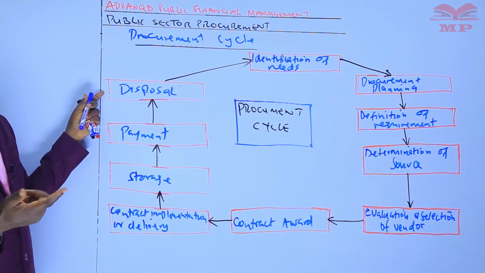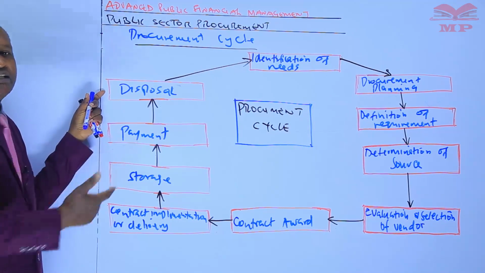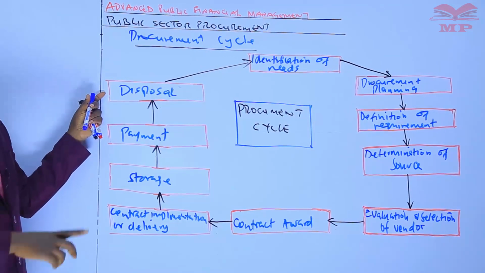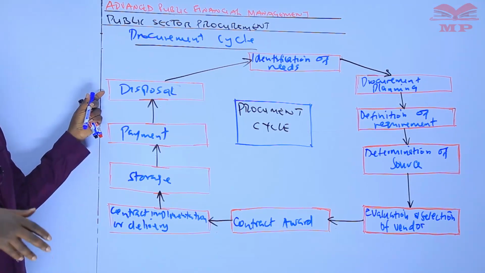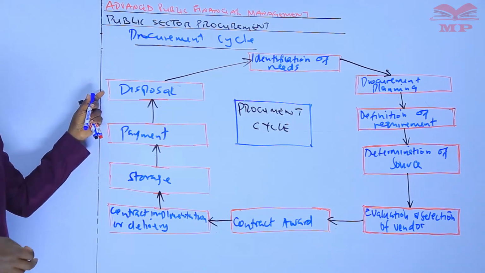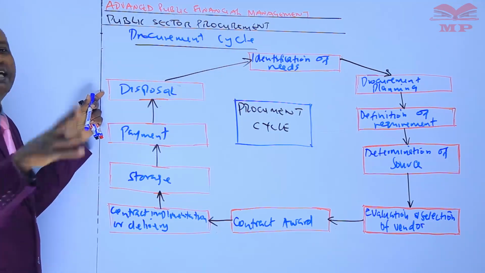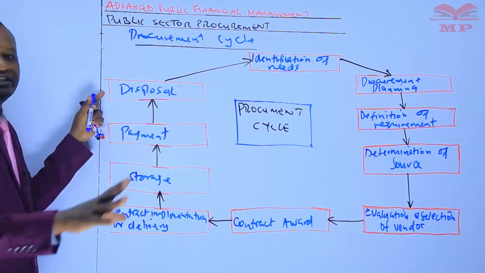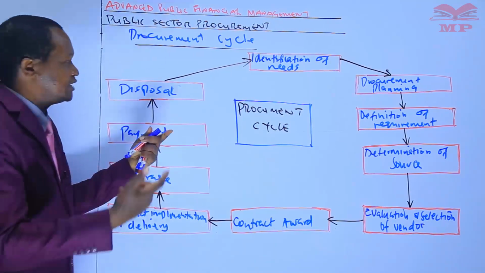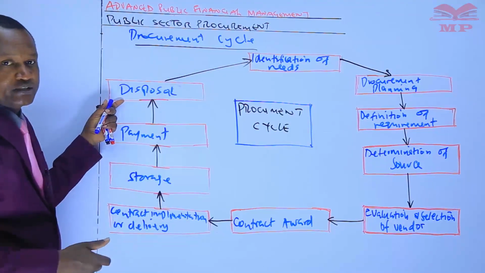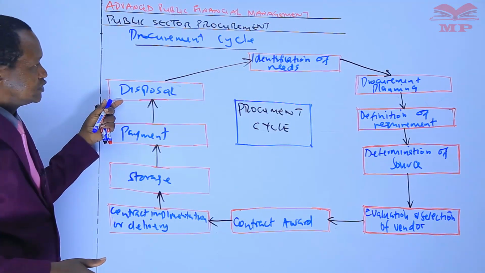Another method could be sale by public tender, or e.g. through public auction. It could be through destruction. It could be by dumping, or burying, or burning, or trading, or recycling, or conversion to another condition, or even disposing the goods to employees. So that's the cycle.